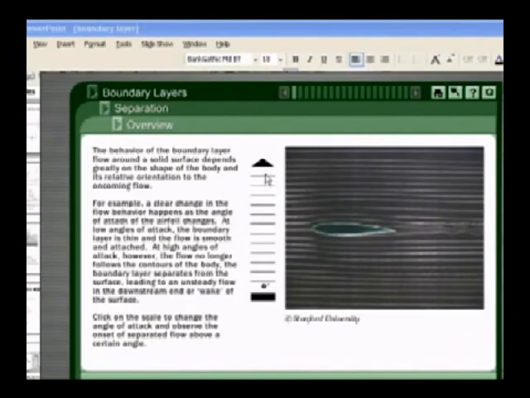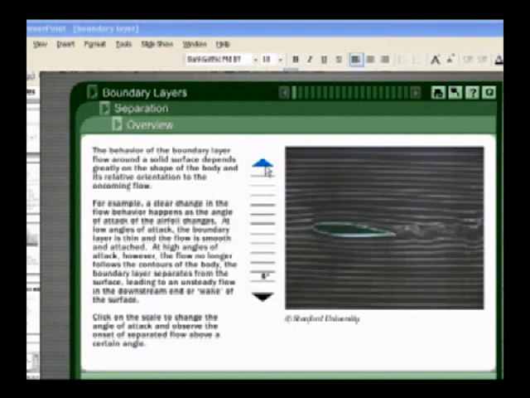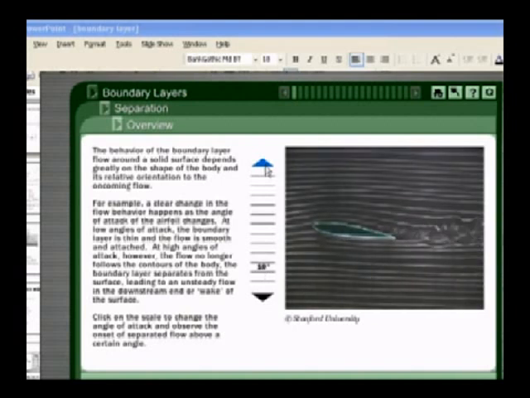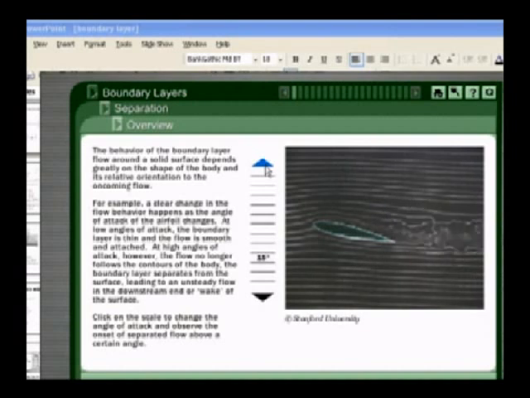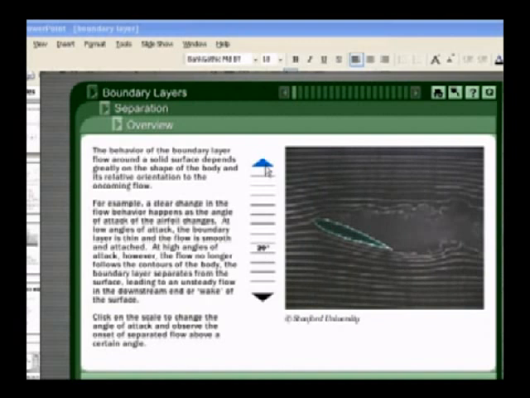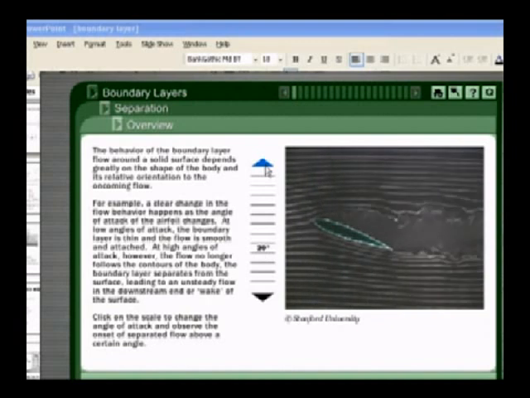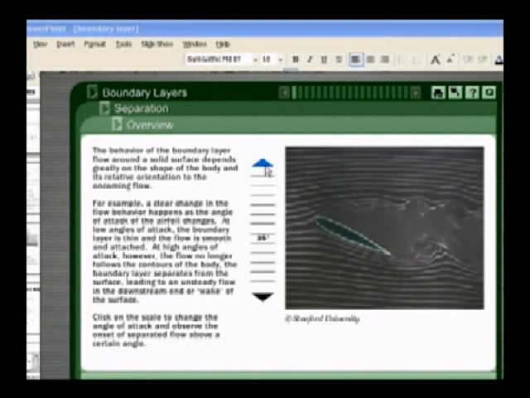When we have a flow, you can visualize the shape of the flow, and if we change the angle, we can visualize what happens to the flow. In the downstream side, we are visualizing some eddy formation, or what is known as wake. The boundary layer is said to be separated, and as we have more angle of attack, we have more unsteady flow in the downstream side.